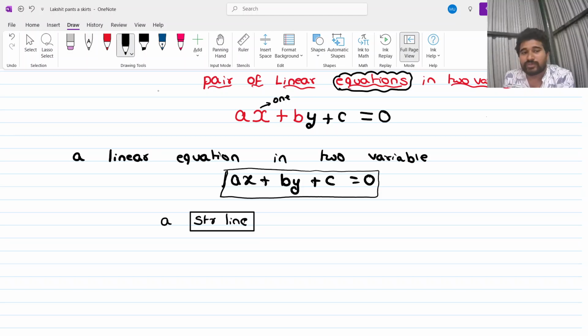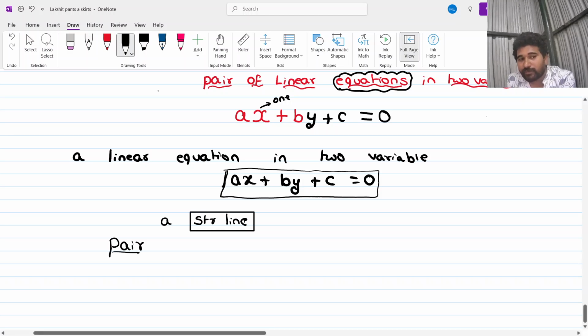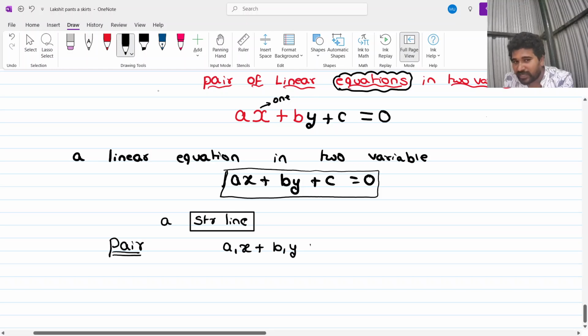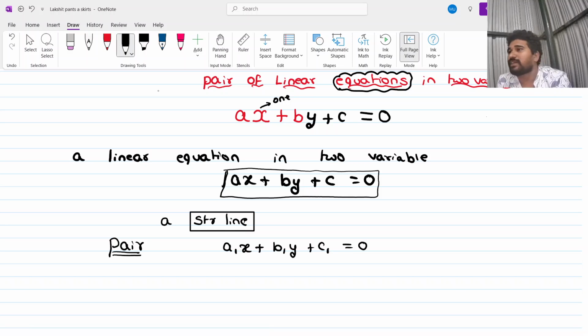Clear? And if I ask you pair, what do you mean by pair? Two things. That means I have to write two linear equations. If I want to write two linear equations, Sanjay, how will it be? It will be a1x plus b1y plus c1 equal to 0.